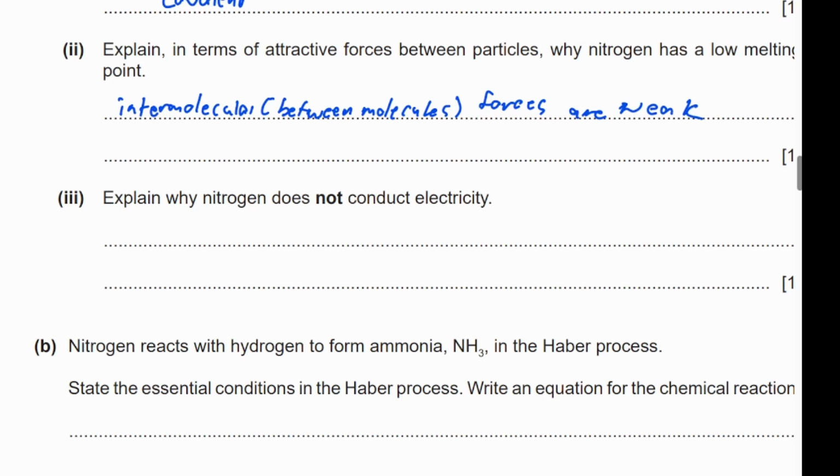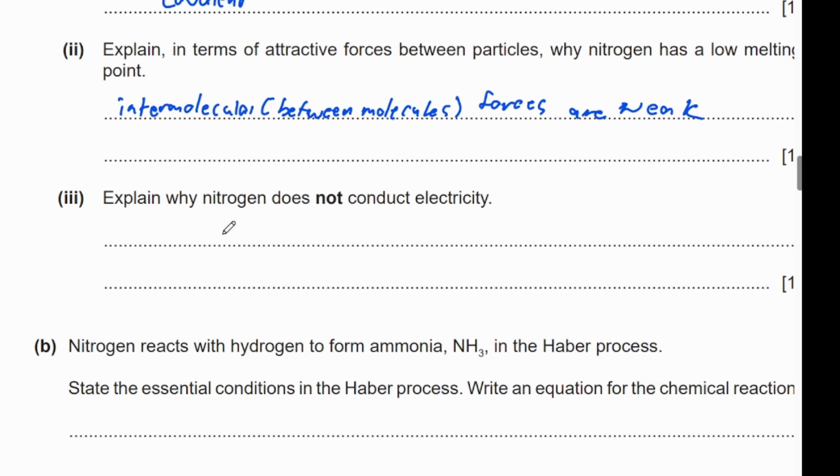Okay, so they have weaker attraction forces between molecules. Intermolecular forces are weak, so therefore it's very easy. They require very little heat energy to break these bonds to convert into a gas, right?